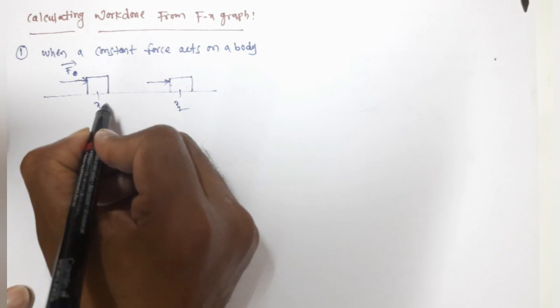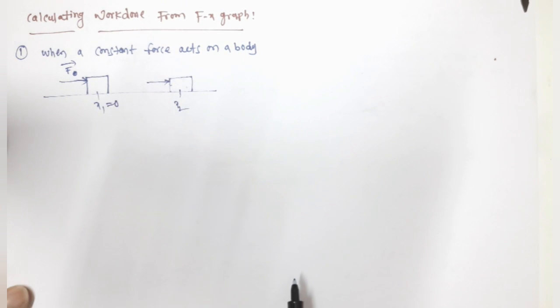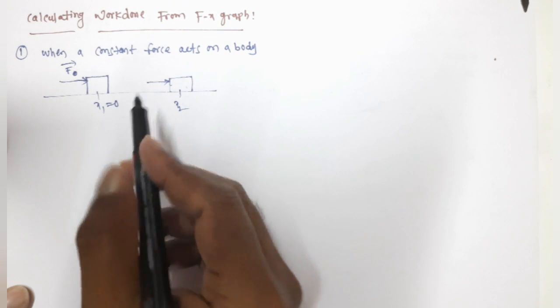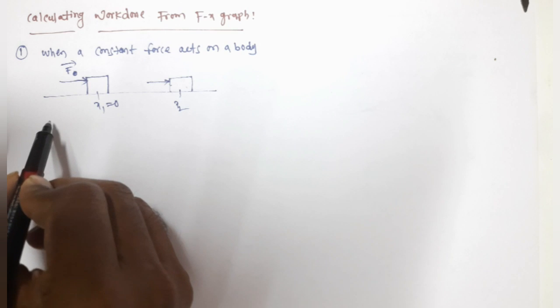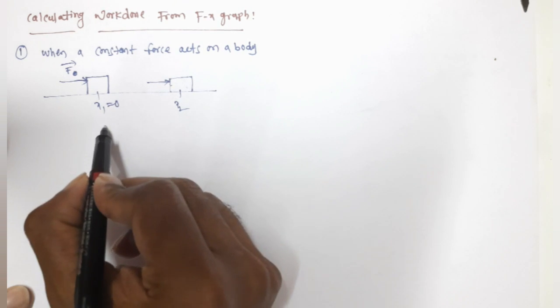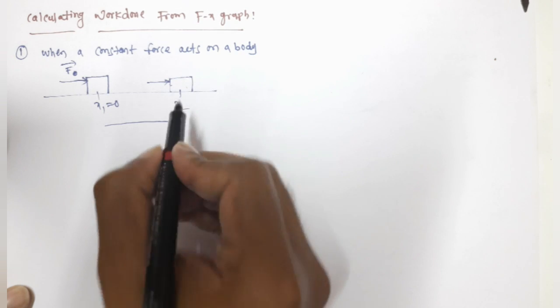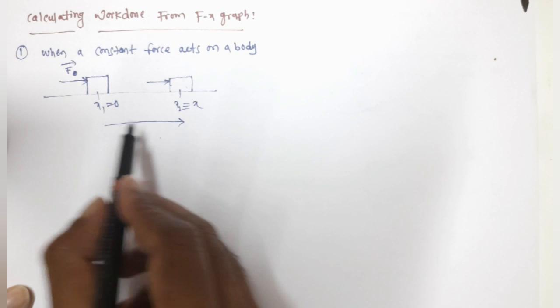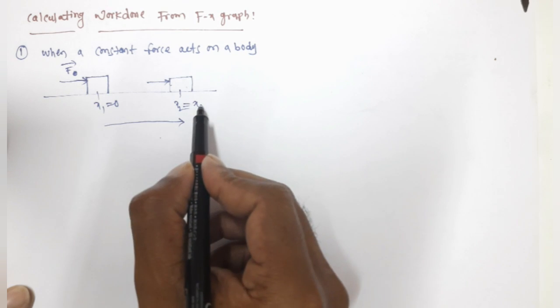Let us assume x1 is equal to 0, the initial position is 0. And first let us calculate work done in this case. Let us say x2 is equal to x. The initial position is 0 and the final position we are calling x.